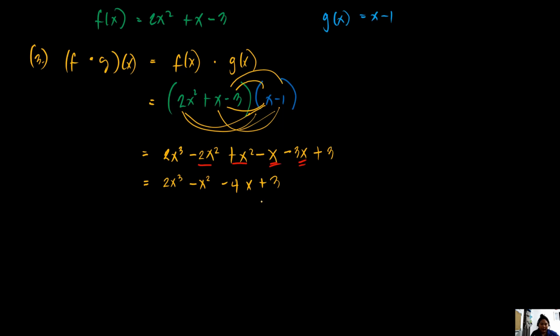But on the other hand, if we group negative 4x and plus 3, we cannot think of any greatest common factor between them. So we cannot group them. If we group 2x cubed and negative 4x, we will have x. If we group negative x squared and 3, we don't have any common factor that we can take.